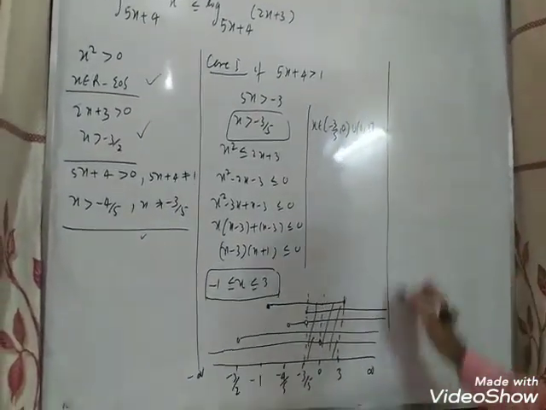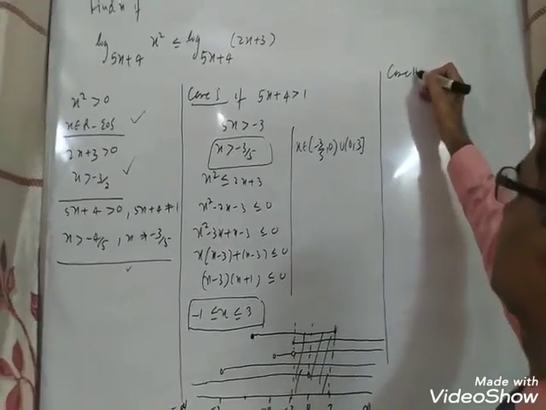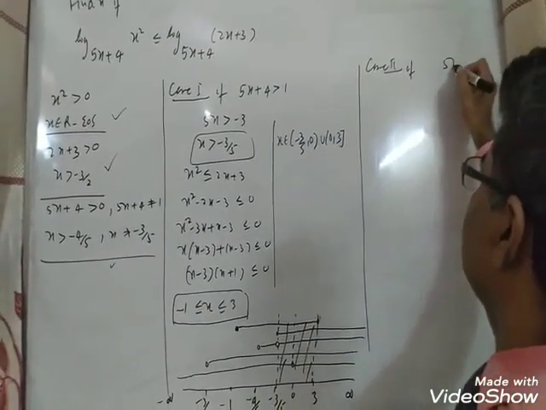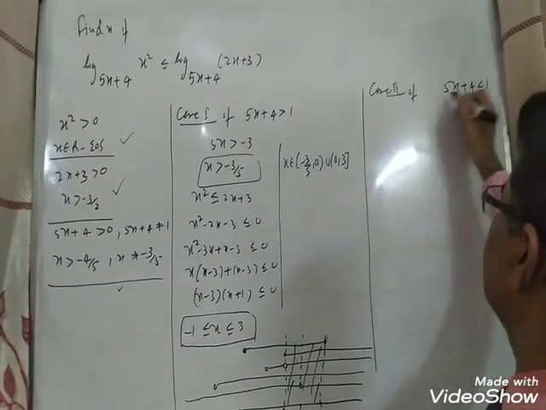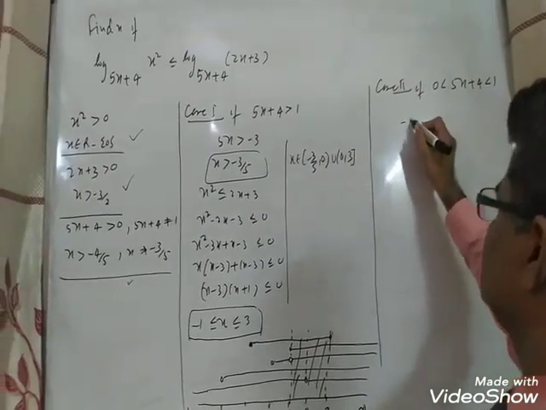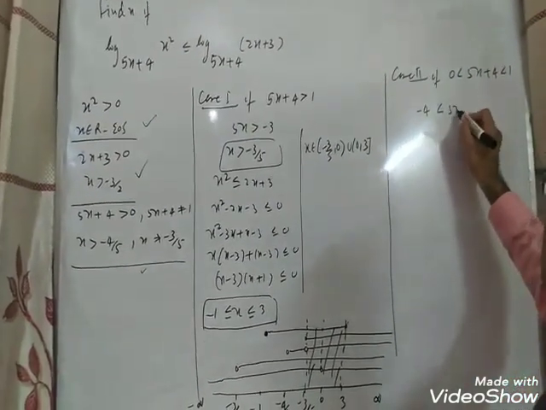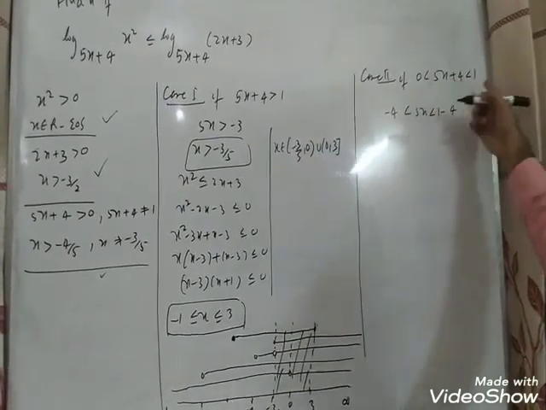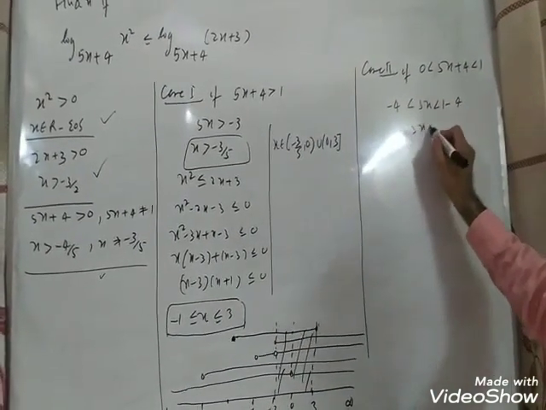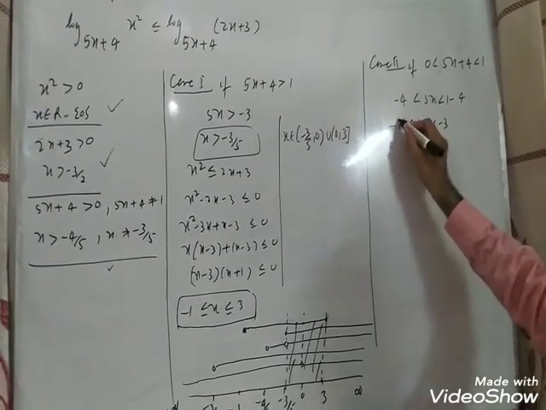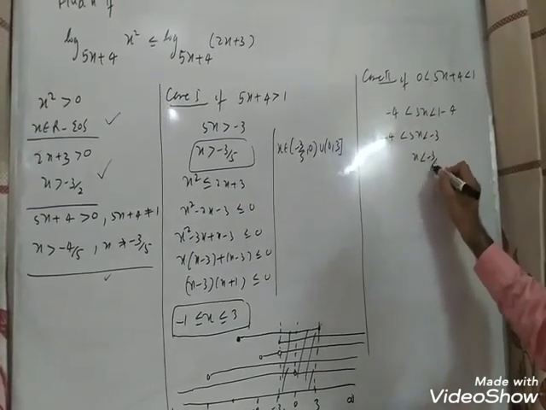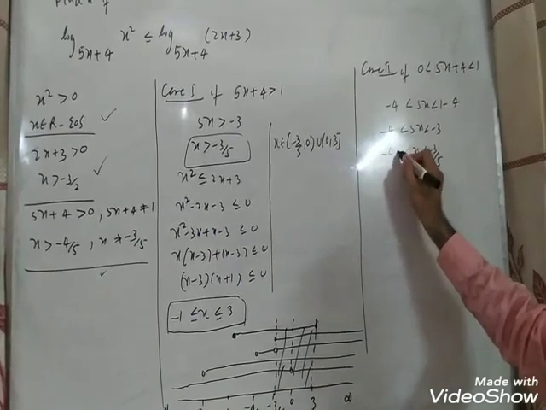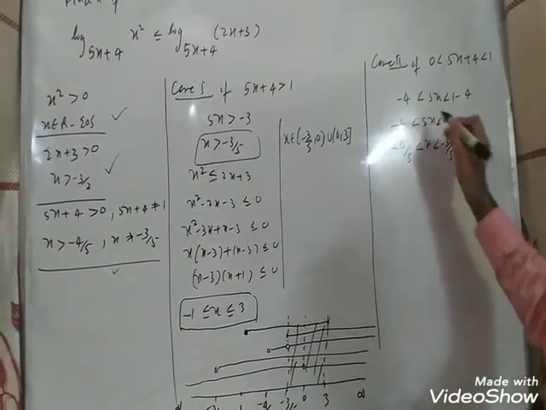Now we are going for case 2. If 5x plus 4 is less than 1 and greater than 0, we are subtracting 4 from all three sides. So 5x is less than minus 3 and greater than minus 4. So x lies between minus 4 by 5 and minus 3 by 5.